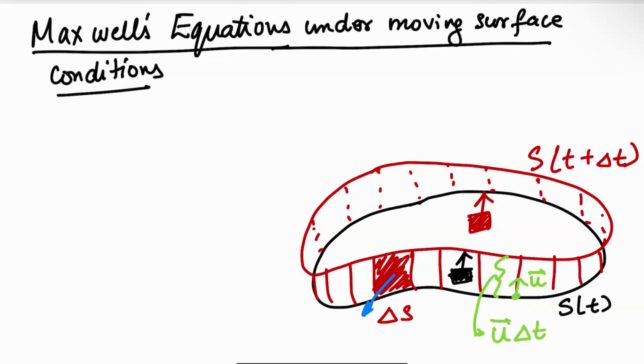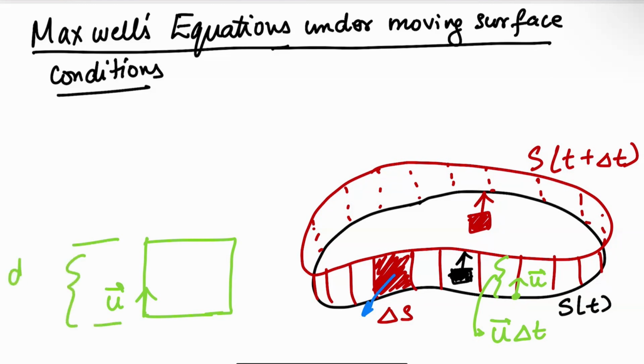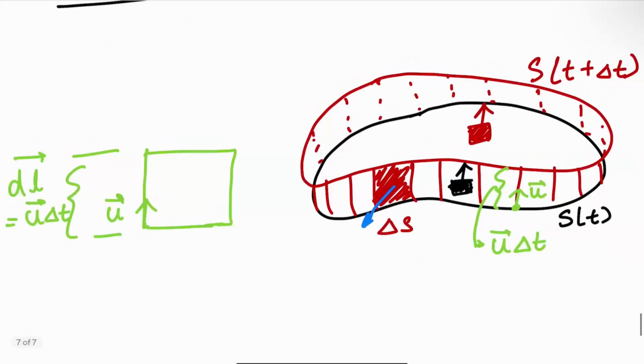So let me expand that figure a little bit, so that little patch out there, just like this. The velocity here is u, which means that this component here is dl vector. dl vector is u times delta t. It's a vector quantity, right?